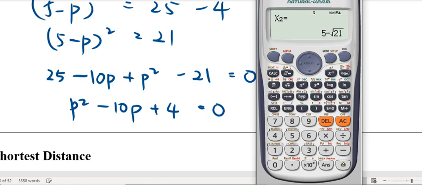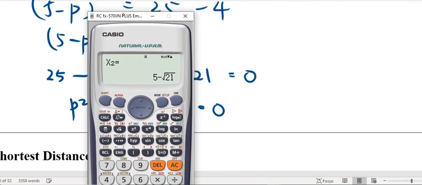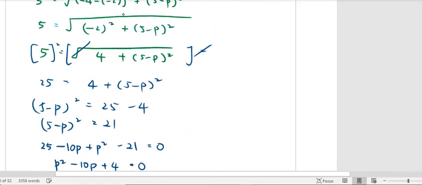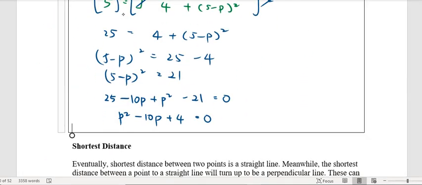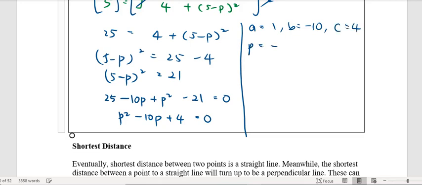Obviously you can get the value here. Just write at the side here: you need to have your a, your b, your c. So use your quadratic formula: -b plus minus square root of b squared minus 4ac, divide with 2a.